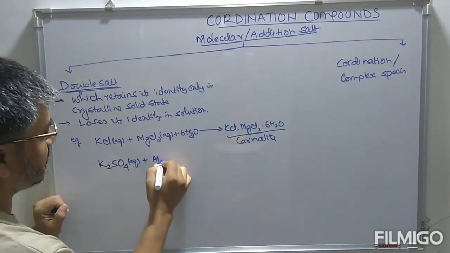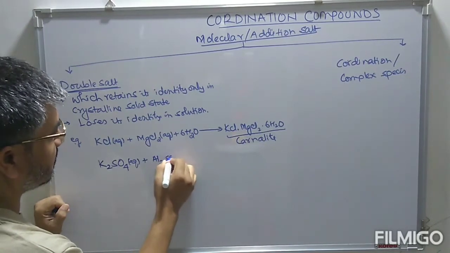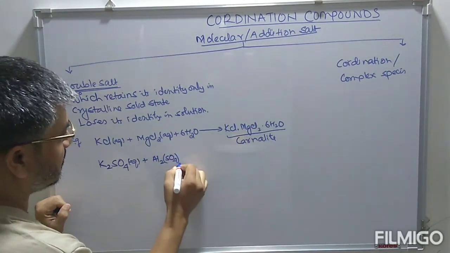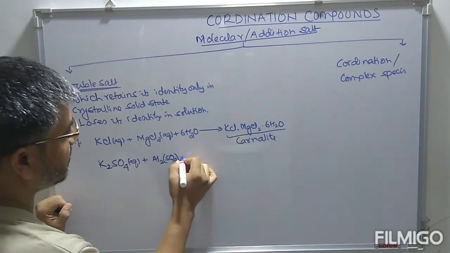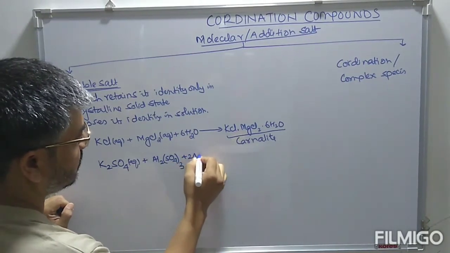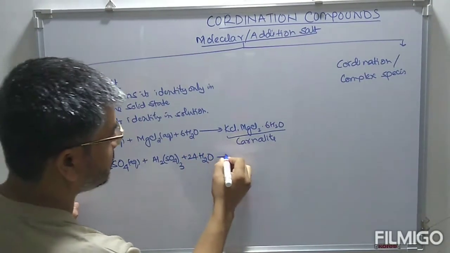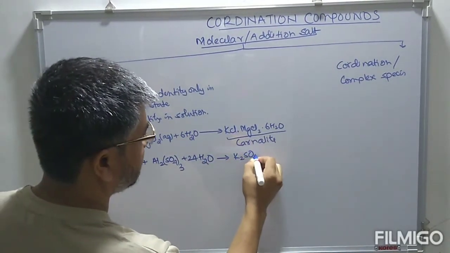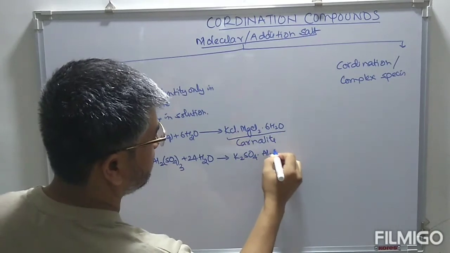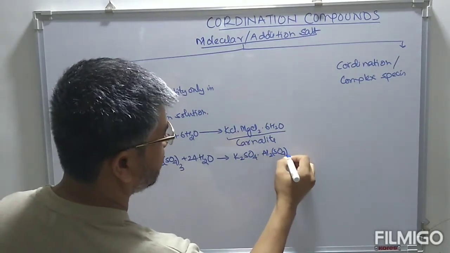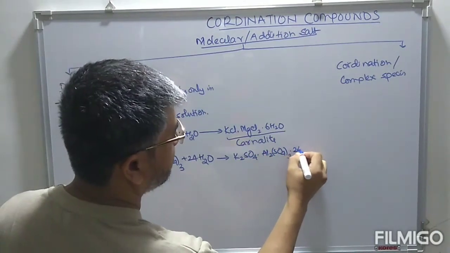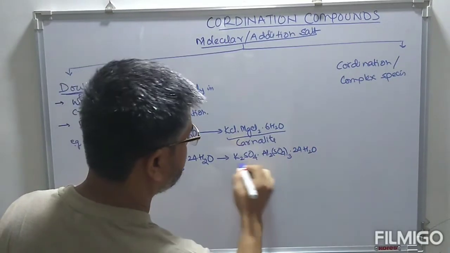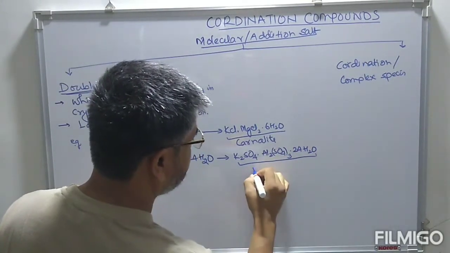Potassium sulfate, aluminium sulfate with 24 water molecules. This gives you potassium sulfate, aluminium sulfate, 24 water molecules, which is known as potash alum.